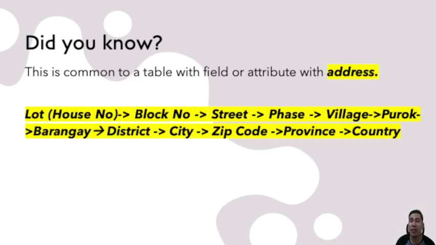They have phase 1, phase 2, phase 3. Purok can be used in several barangays. So two or three different barangays can assign the same purok, but they come in different barangays. It is the same with the district, or probably like that.